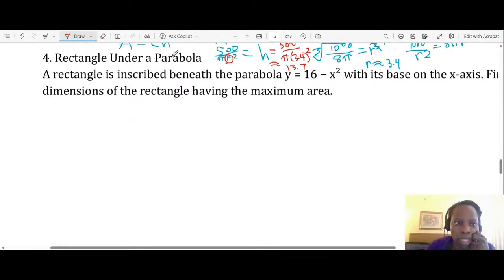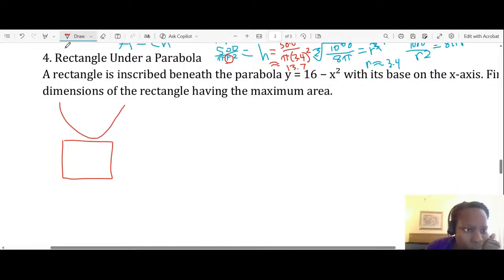So we got a rectangle under a parabola. Rectangle under a parabola. Okay. Y is equal to 16 minus x squared. So maybe this is 4. Maybe it's minus 4.